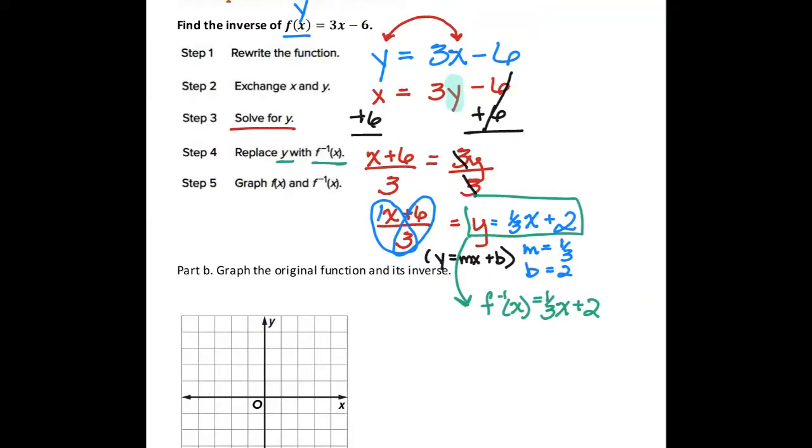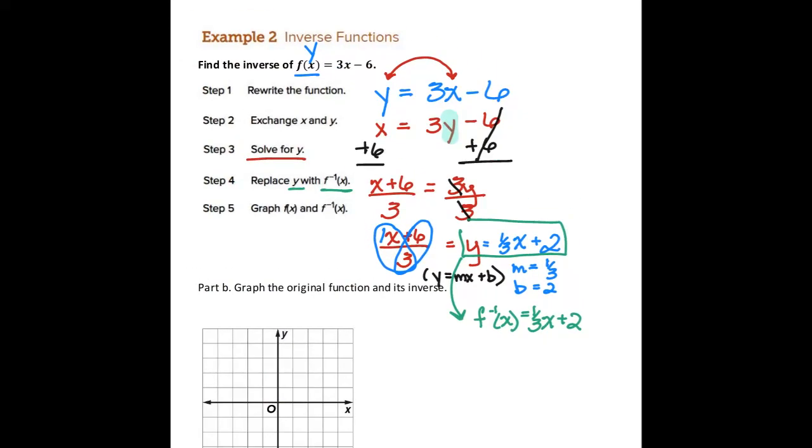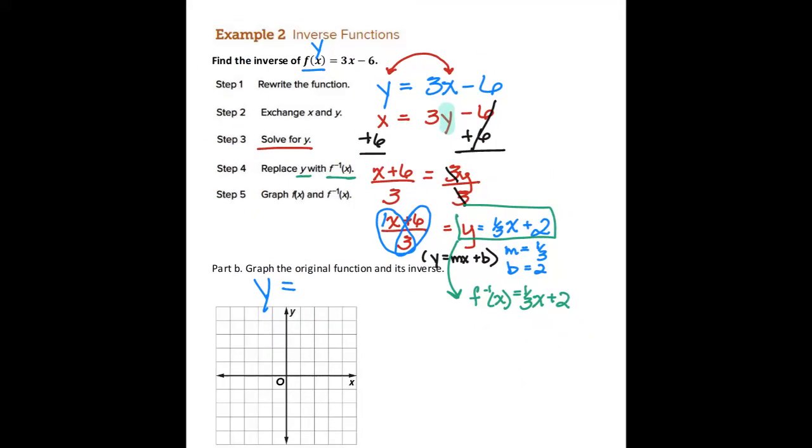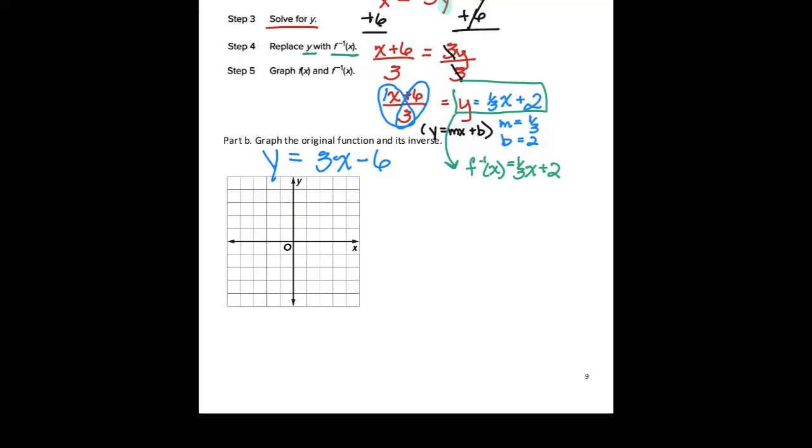All right, so then we just need to graph. So if I look up at the very first thing we did, we had y equals 3x minus 6. That's up at the top. I know it's been a while since we've done some graphing, but we have here a slope that is 3, and we have a y-intercept that is -6.